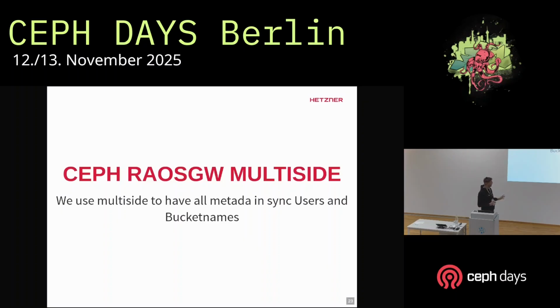What we do is we have disabled the default in multi-site, which will move all buckets from all clusters inside the multi-site region. So we only focus on metadata, which is basically the bucket names, the bucket IDs, the users, and their keys. So they are in sync across all the clusters within one region. One region is one data center. So it's like Falkenstein, Nuremberg, or Helsinki, for example.